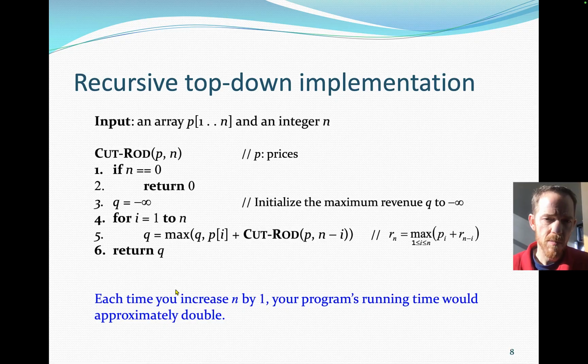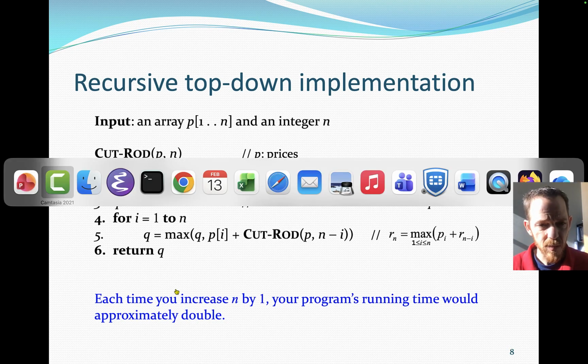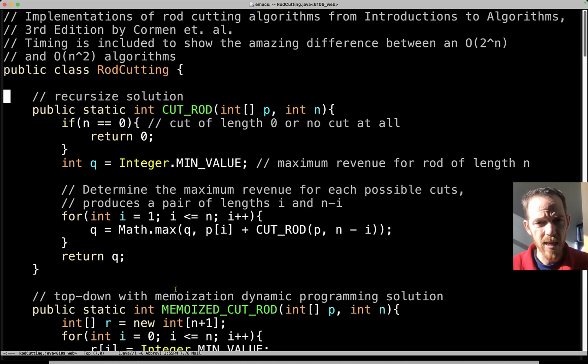Let's start by talking about the top-down implementation. Here's some Java code that I came up with based off the Introduction to Algorithms code using their notation. If we had an array of prices, and we'll assume they're ints, this translates very naturally to floating point numbers, and we have a length, then if the length is 0, we get 0.